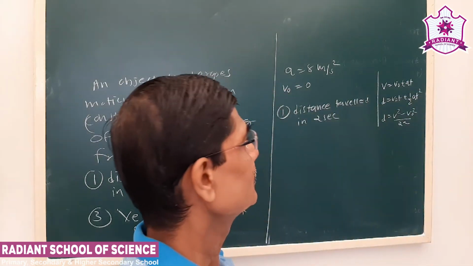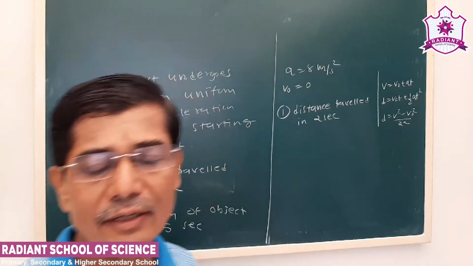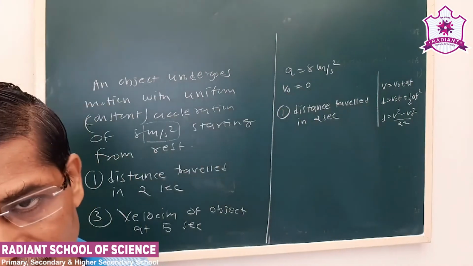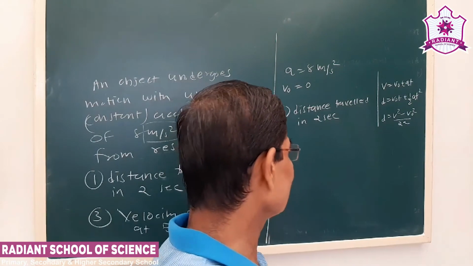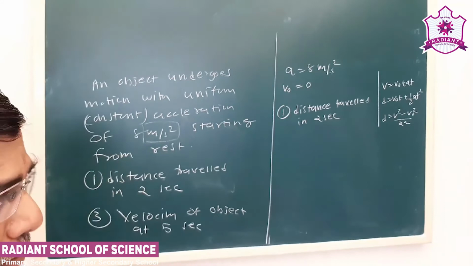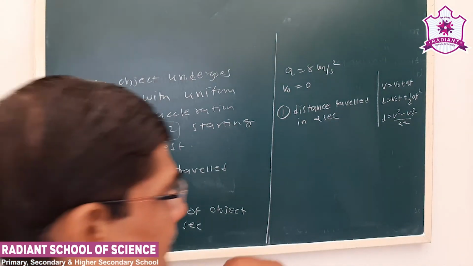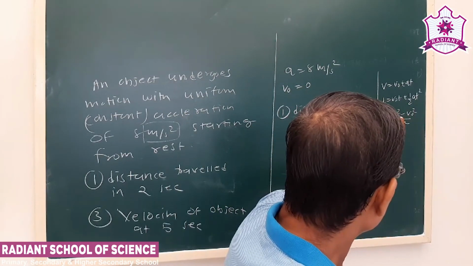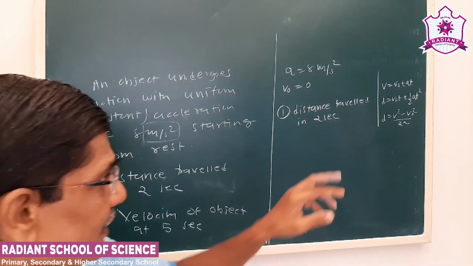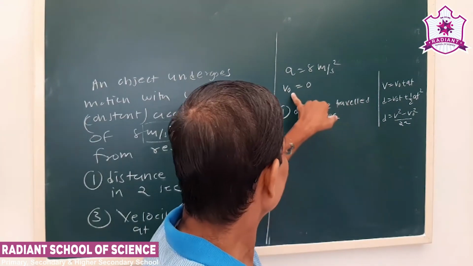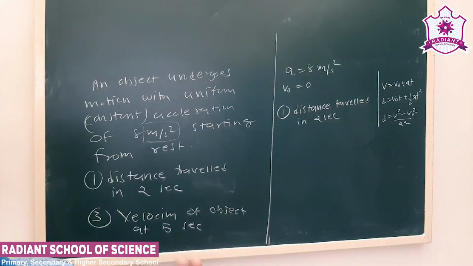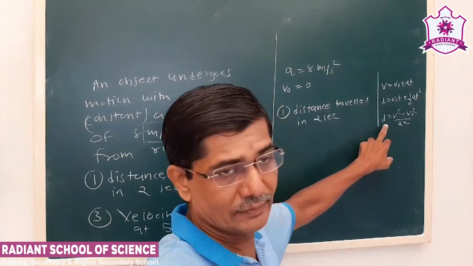First we have to find out the distance traveled in 2 seconds, so the first equation is not required. Both of the other equations are useful, but in the third equation we require the final velocity also, which is not given. We are given acceleration, V0 is also there, but the final velocity is not available to us. That's why we do not use the third equation.